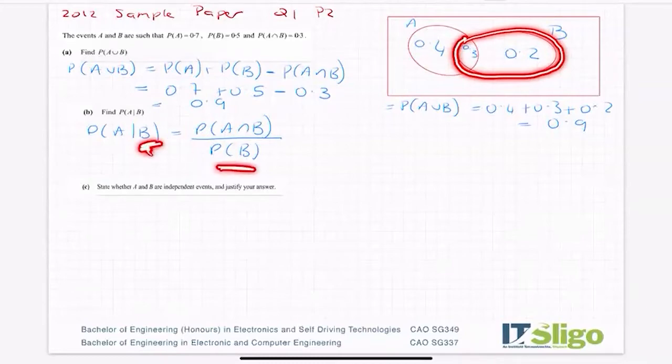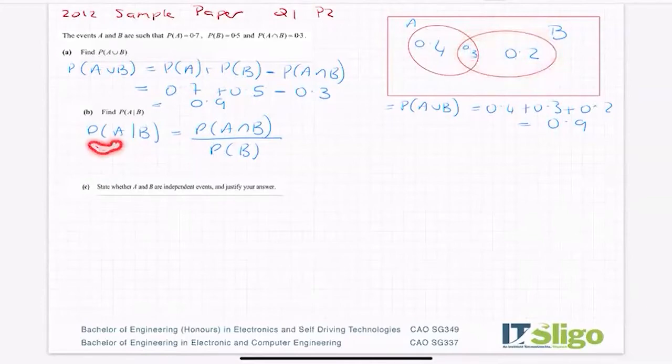And that's why you divide by the probability of B. Then the probability of A, can you see when I do that, that the only bit that belongs to A is that 0.3. Okay, so this is the probability of A given B has occurred. So the fact that B has occurred literally means this part is eliminated. We're only looking at B has occurred.